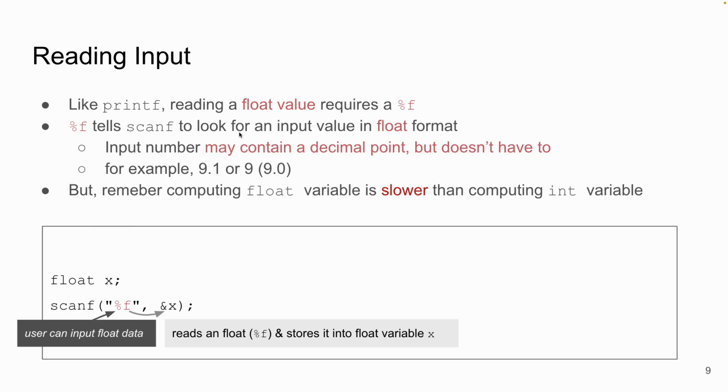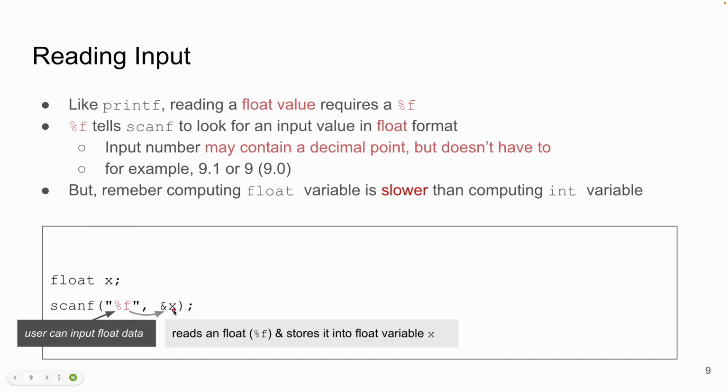The float format means that the input number may contain a decimal point, but doesn't have to. For example, the input data will look like this, 9.1, where the point is the decimal point. We can do that, and store the floating point value into another floating variable.